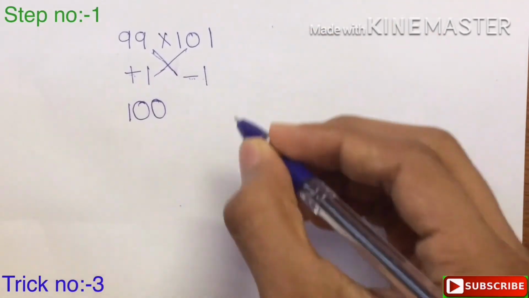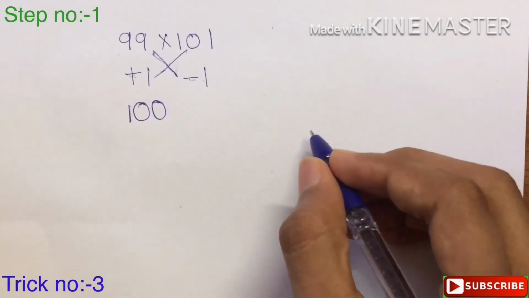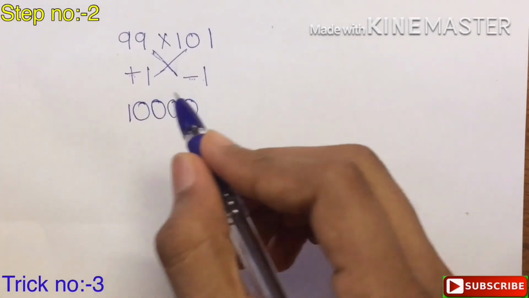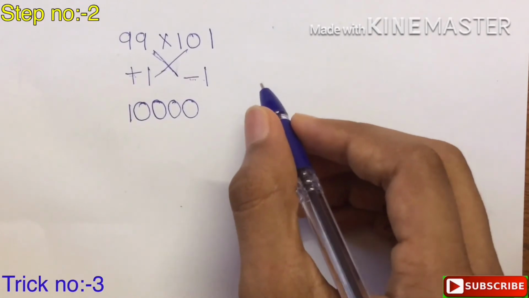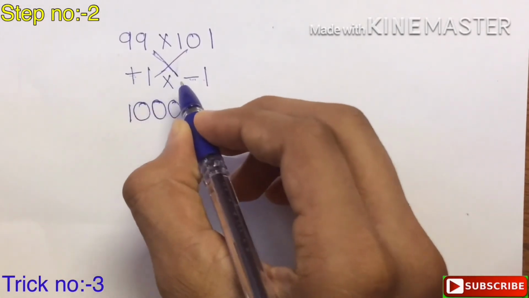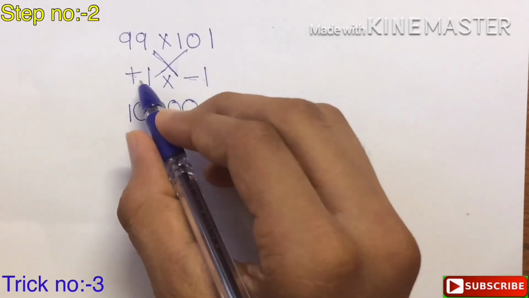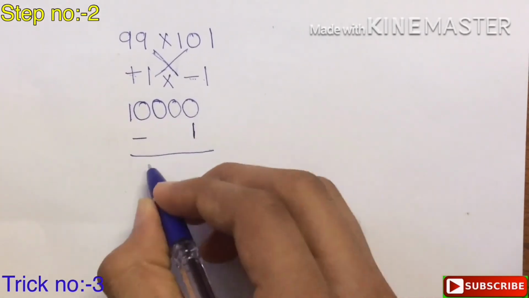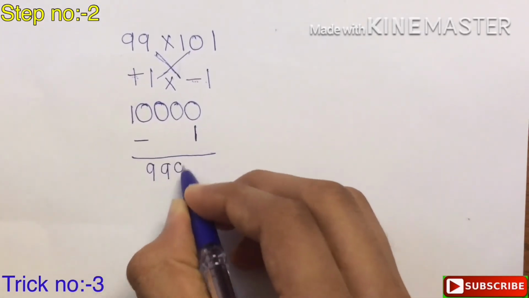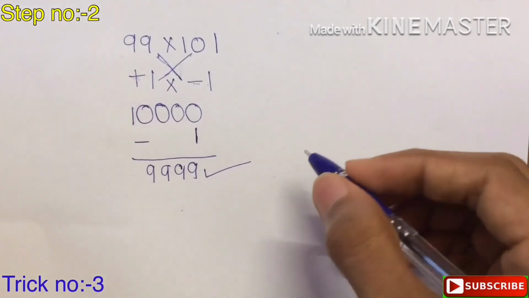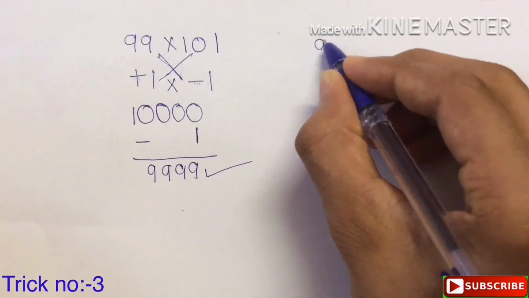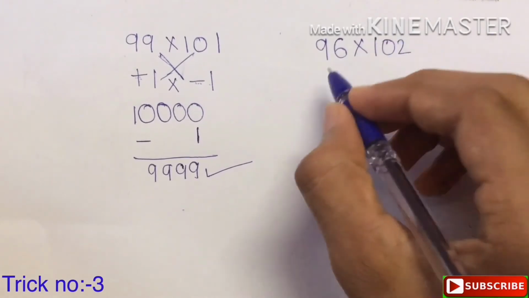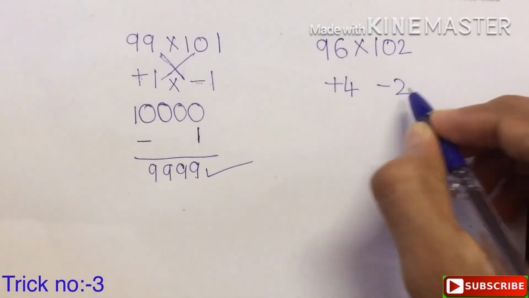Then keep here 100. Now our step number 2 is to keep 2 zeros like this, and now we have to multiply these both numbers. How can we multiply? See friends, it is a very important step. Here minus into plus is minus. So plus 1 into minus 1 is minus 1. Then we have to subtract minus 1. Then we get 9,999. Yes, it is our answer friends. If we take another example such as 96 multiplied by 102, then here it is plus 4 and here it is minus 2.